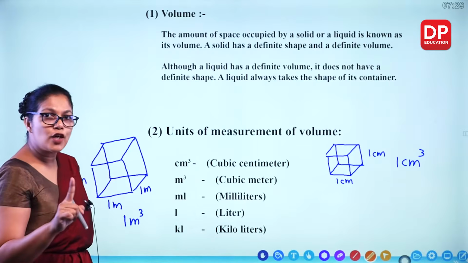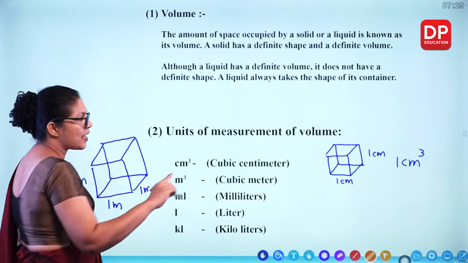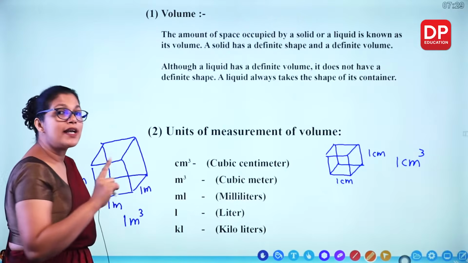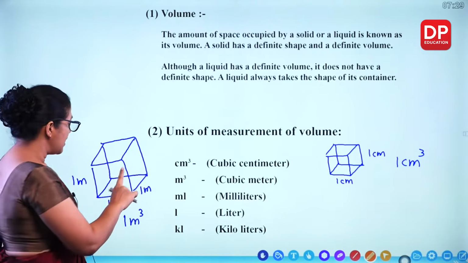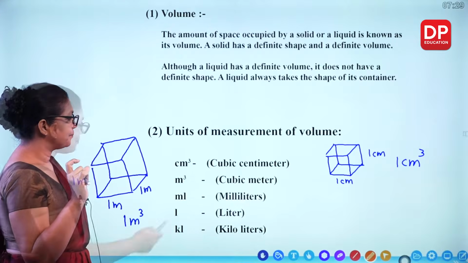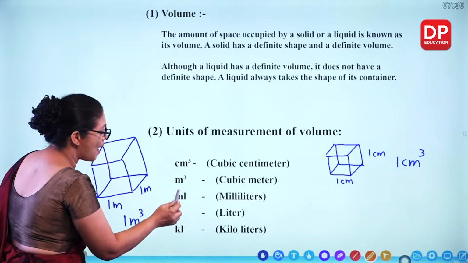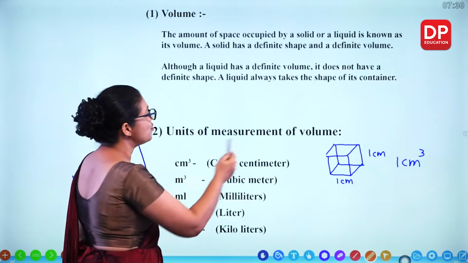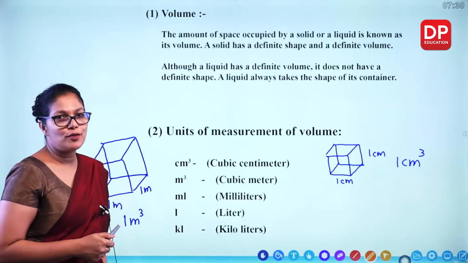So what does 1 cubic centimeter mean? A cube with length 1 centimeter. What is 1 cubic meter? A cube with length 1 meter. So other units are milliliters, liters and kiloliters. Those are the units of measurement of volume.